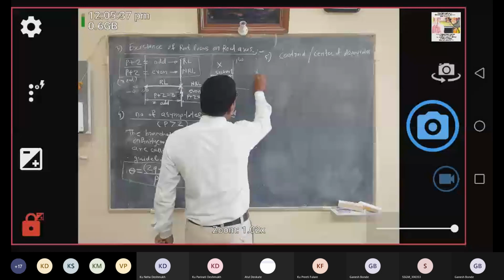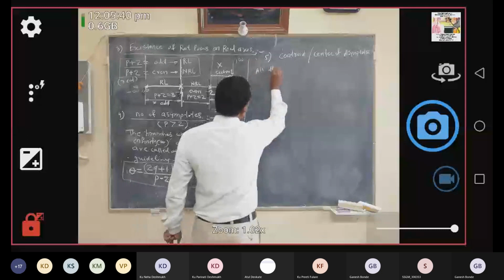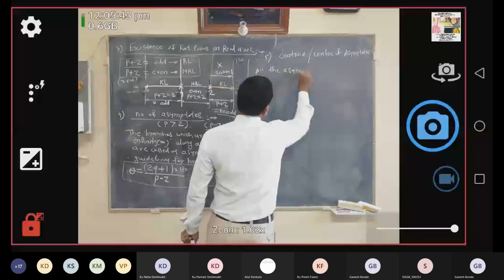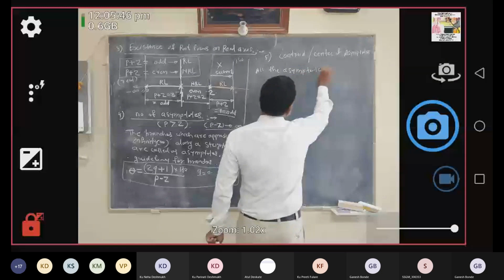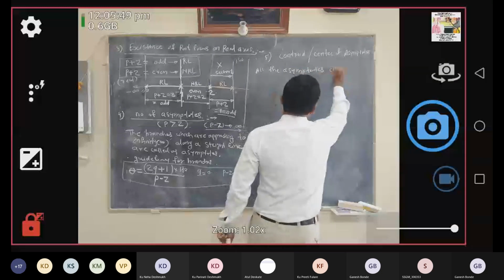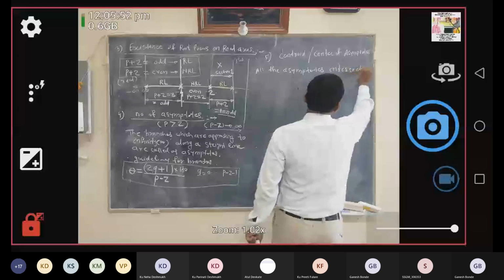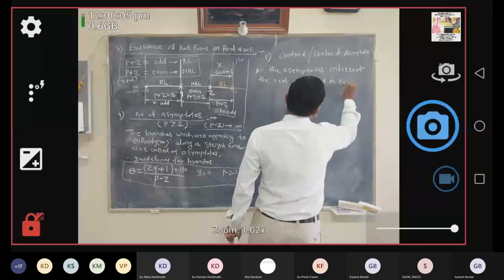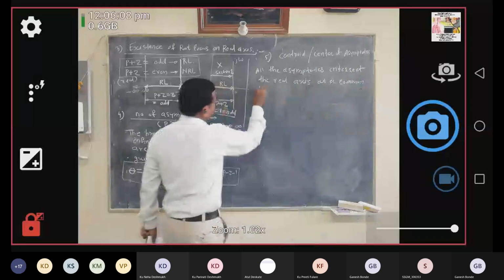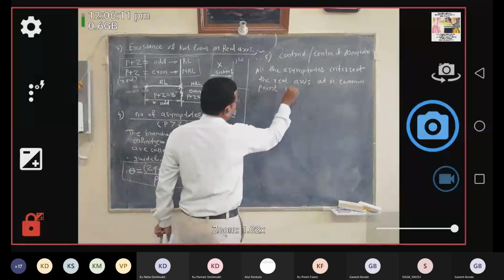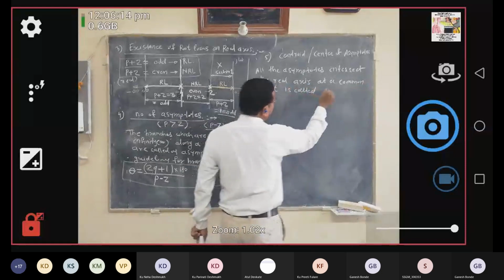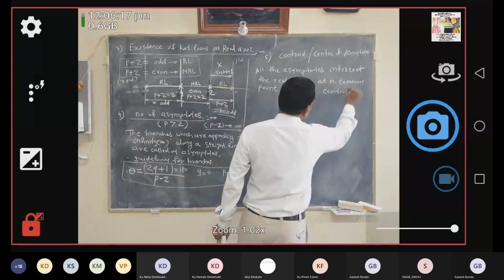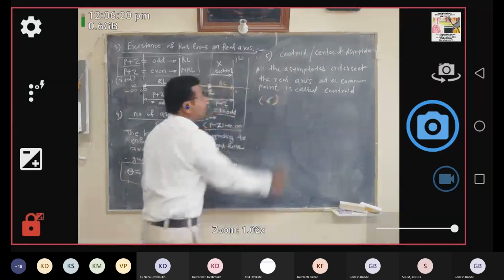All the asymptotes intersect the real axis at a common point is called centroid, and generally it is denoted by sigma.